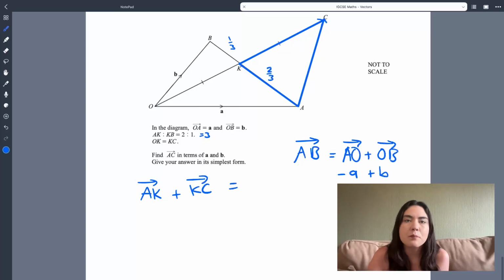That's a personal preference. So A to B is B minus A, so A to K is 2/3 of B minus A. Great, we've got the first part.